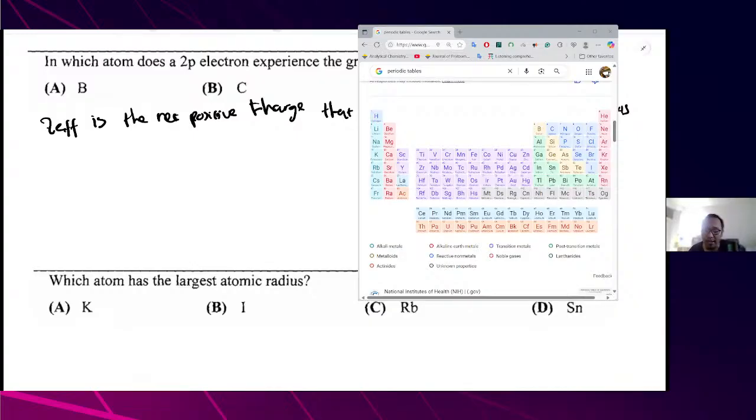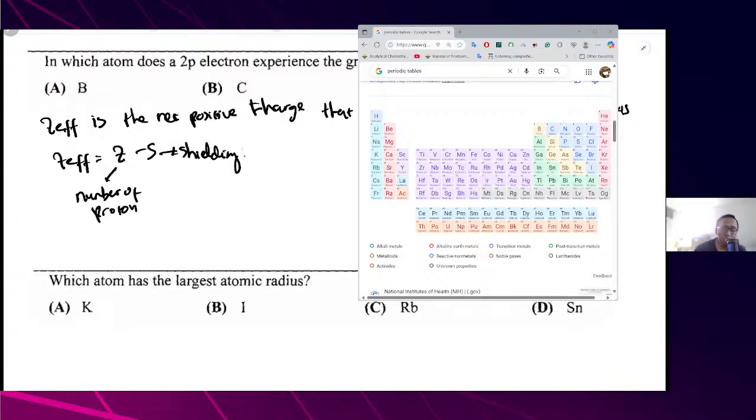ZEFF is calculated roughly by Z minus S. Z is the number of protons, and S is shielding.